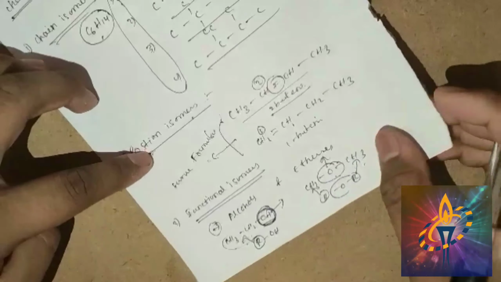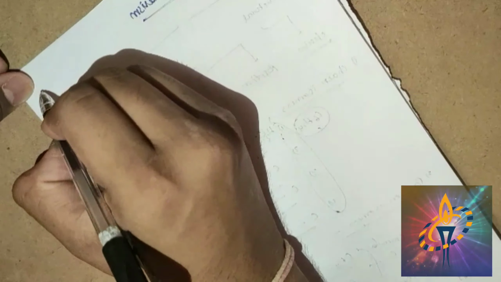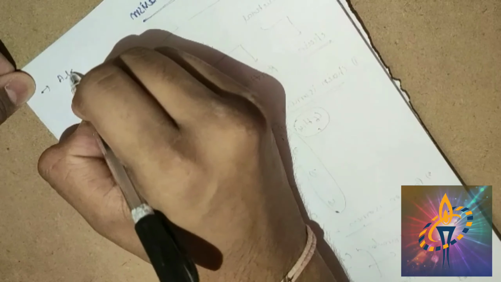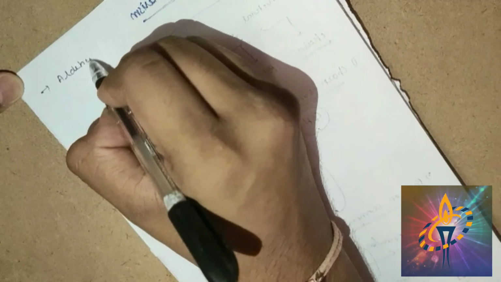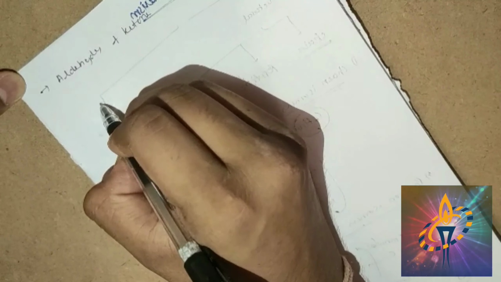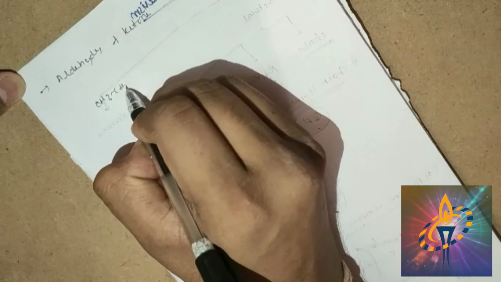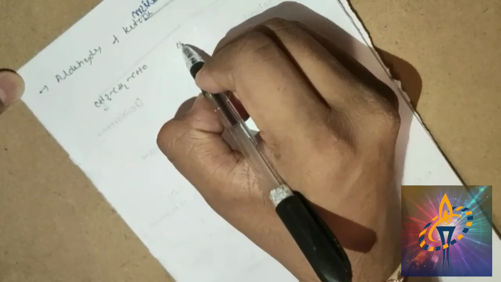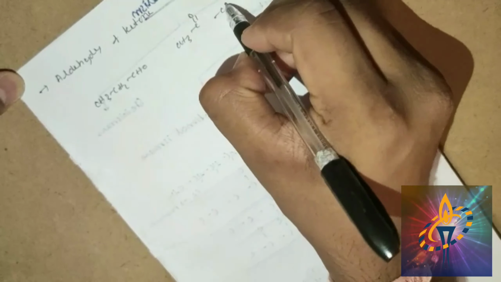Like this, the following four you should remember because it is very important. Isomerism is a very important chapter for all competitive exams. Aldehydes and ketones, examples: CH3, CH2, CHO and CH3, C double bond O, CH3.